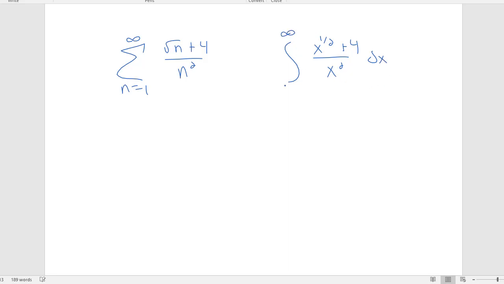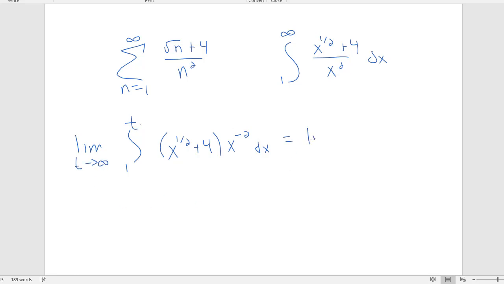And how would I evaluate that integral? So my antiderivative here, I'm going to write this as x to the 1/2 plus 4, and then I'm going to multiply by x to the negative 2, and, technically, 1 to t, limit as t goes to infinity.